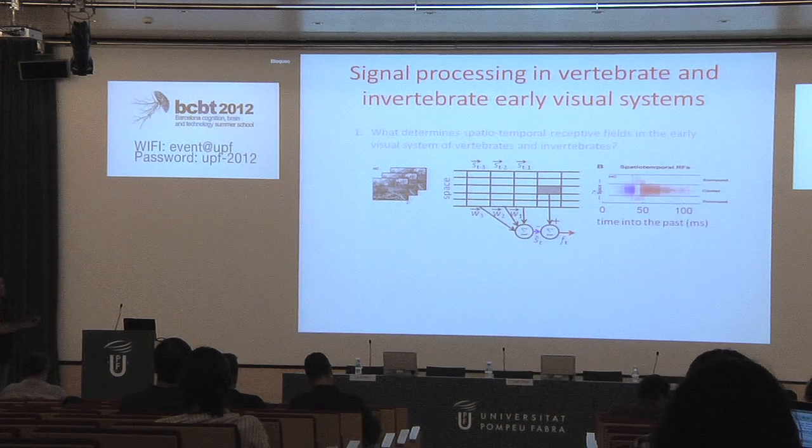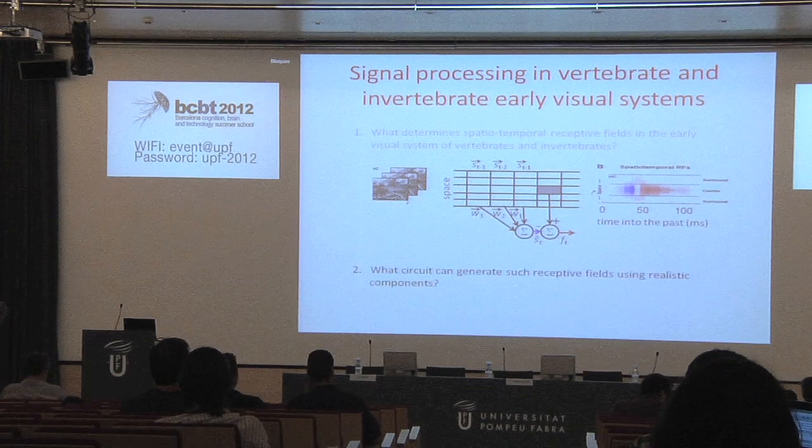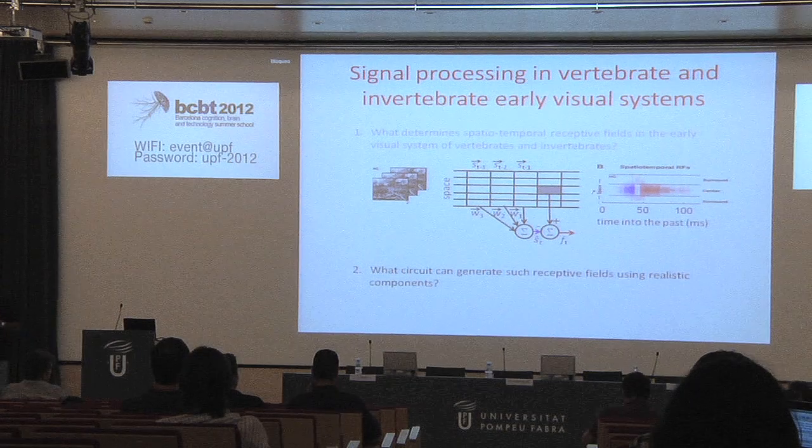But what I'm going to do next is to say that not only can it be used to construct a normative theory, but it can also help to understand circuit computations on the level of individual neurons in the system and how they're connected, and mechanistically explain the appearance of that spatio-temporal receptive field.